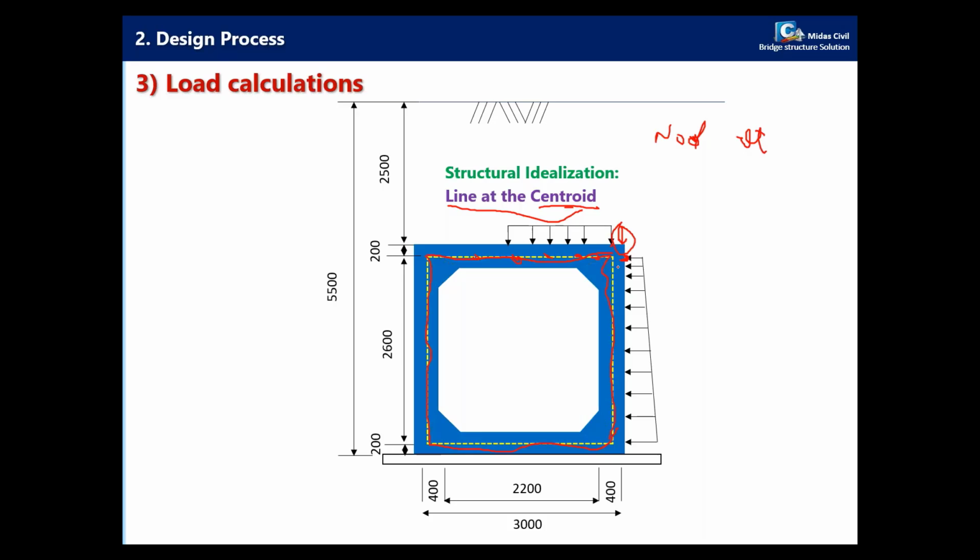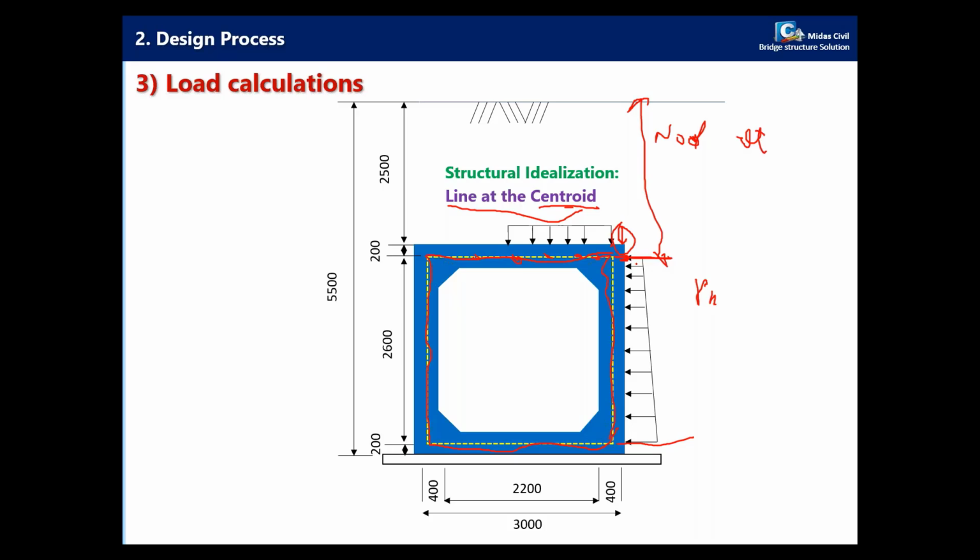When you calculate the load, don't forget this location when you are calculating the pressures. When you are calculating the horizontal pressure, for example, the height should start here at the centroid up to the top of the structure when you calculate the load applying here.